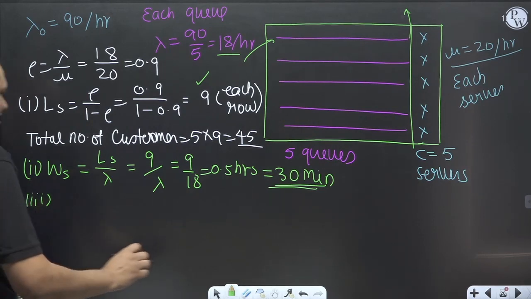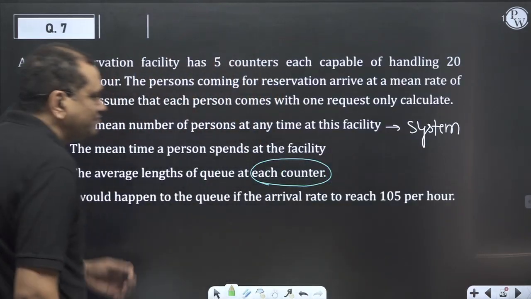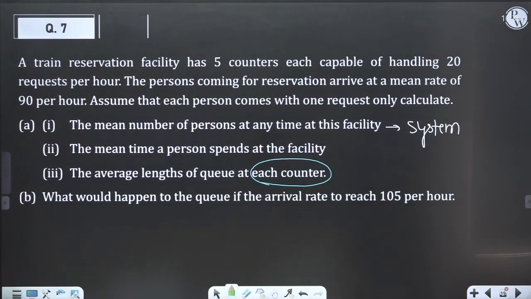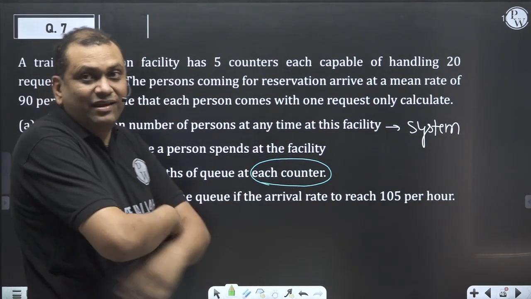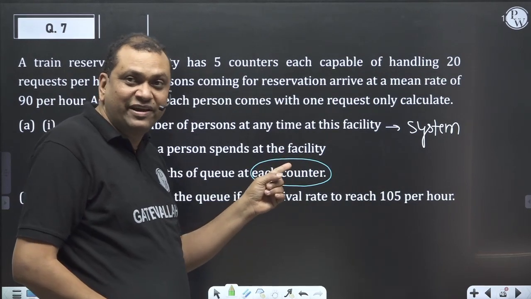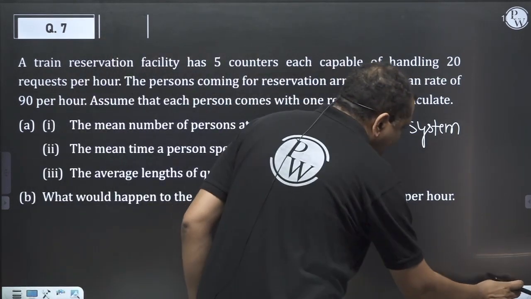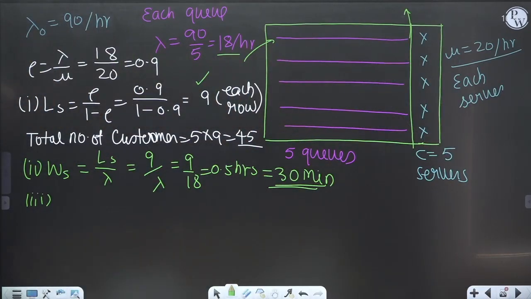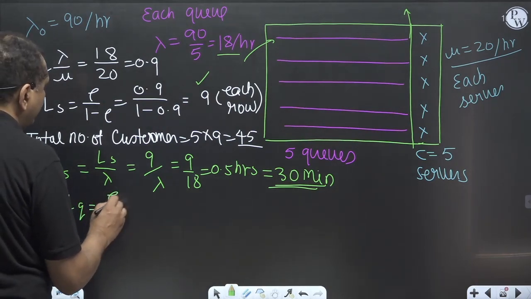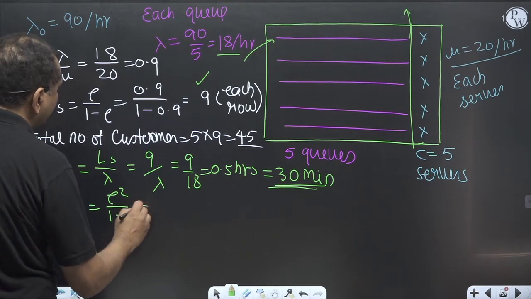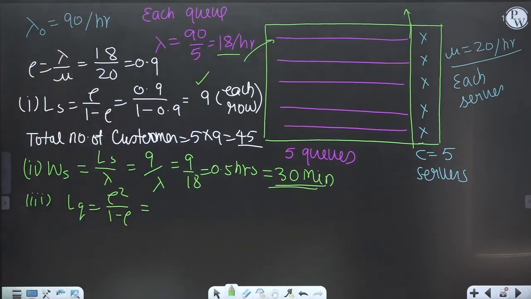Now, see what the third question is. The average length of queue at each counter. Here also we don't have to multiply it by 5. The question is asking about each counter. The average length of queue that will form at each counter. Queue length is rho square by 1 minus rho.